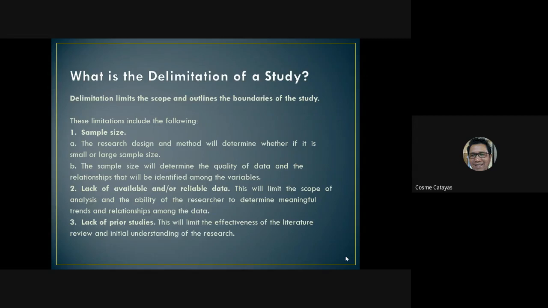Number four, chosen data collection method. The quality of data collected must be clear to avoid erroneous answers from the respondents. Number five, nature of the information collected. Researcher should not rely on pre-existing data.